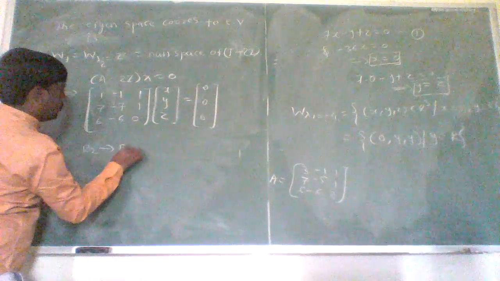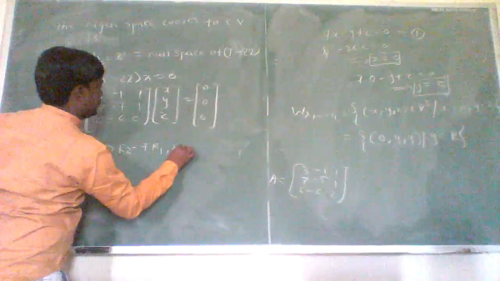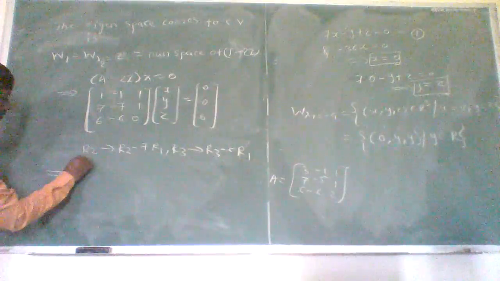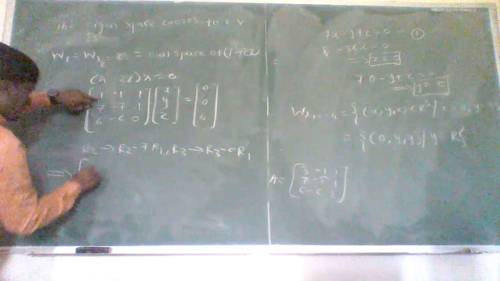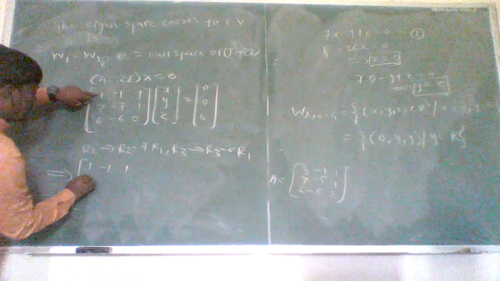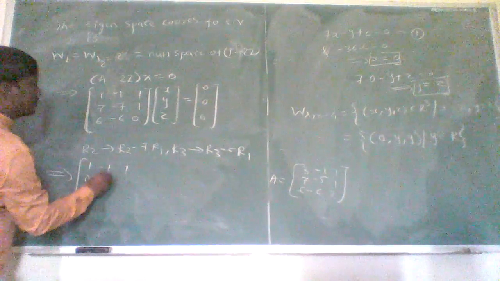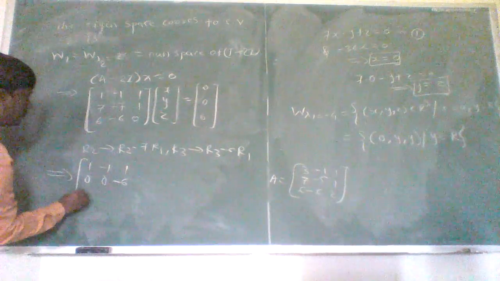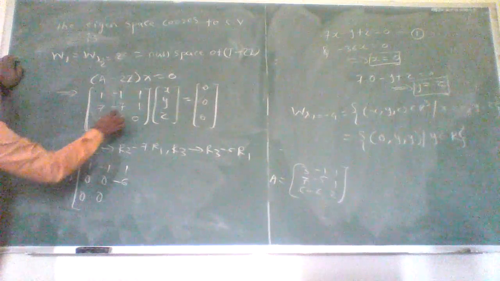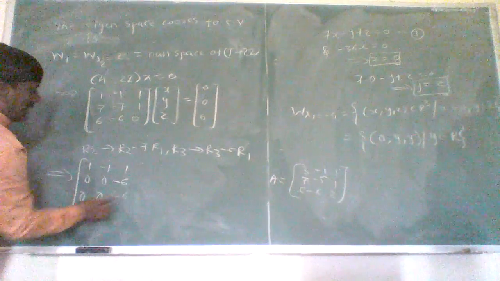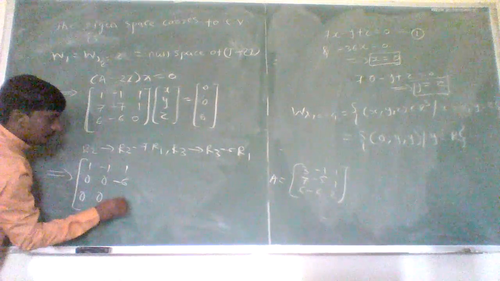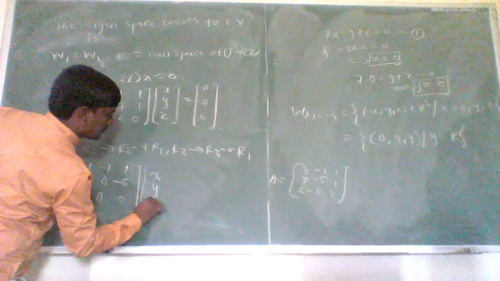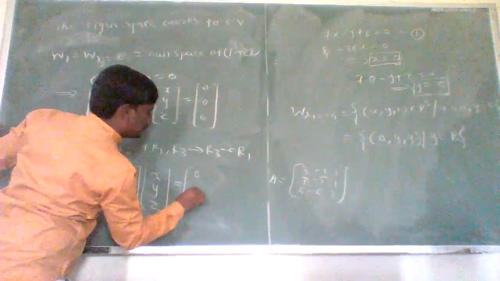Okay, now R2 is changing to R2 minus 7 times R1, and R3 is changing to R3 minus 6 times R1, which implies 1 minus 1 1, 7 minus 7 is 0, minus 7 plus 7 is 0, 1 minus 7 is minus 6, 6 minus 6 is 0, minus 6 plus 6 is 0, 0 minus 6 is minus 6, times xyz equal to 0 0 0.